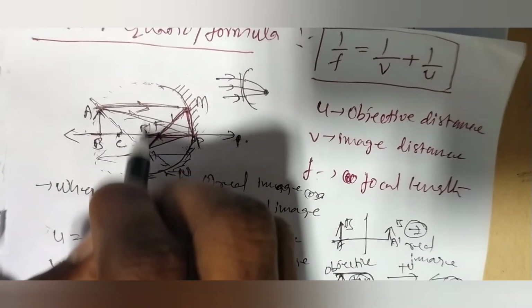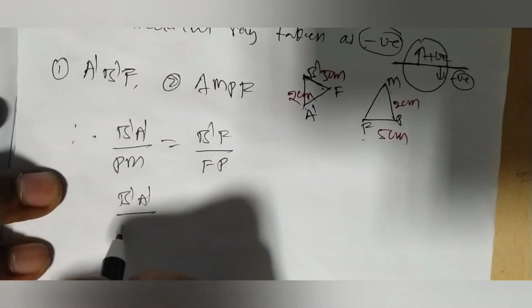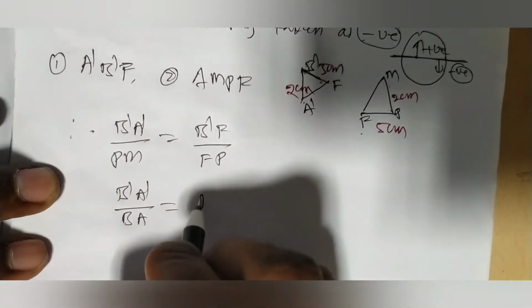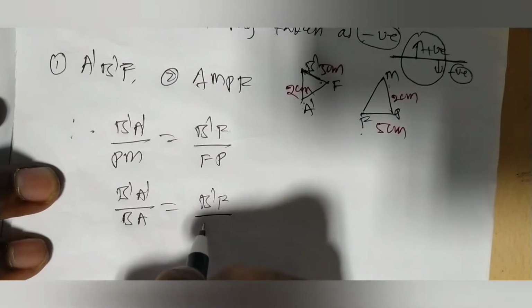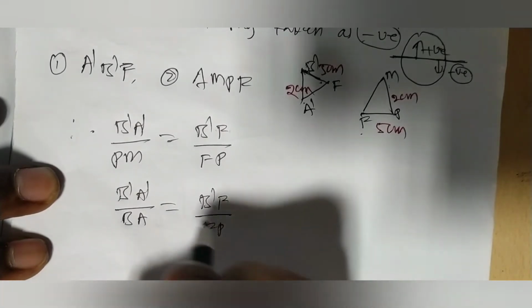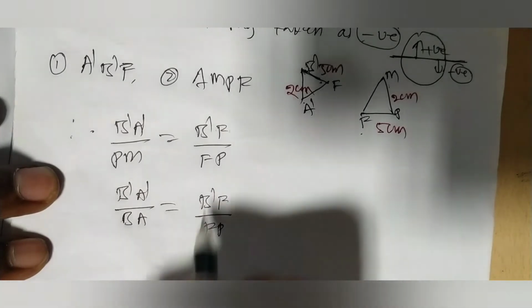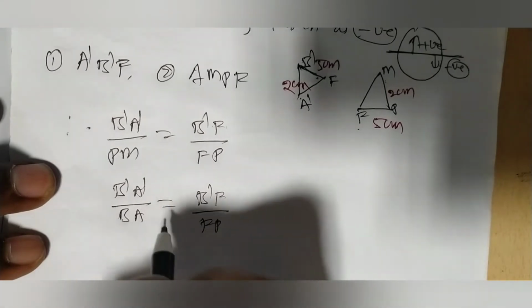Parallel means same distance. That's why PM can be written as BA, or AB is equal to B dash F by FP. This is only from the diagram. The diagram is very important, you can see here.